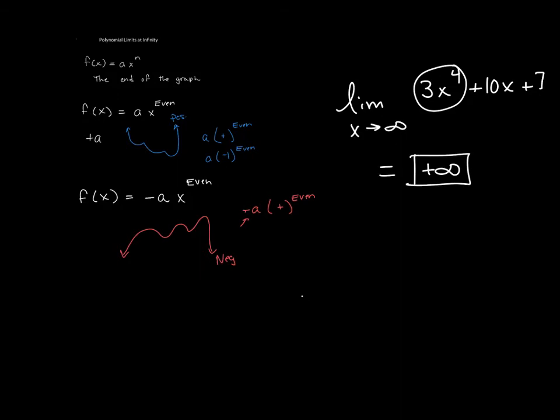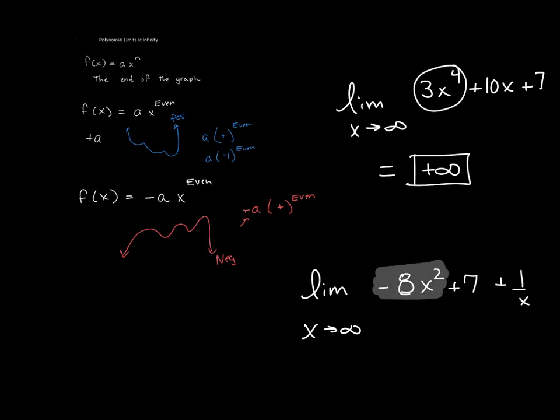If you have the limit as x approaches infinity of negative 8x squared plus 7 plus 1 over x, again, the most important portion of this is this negative 8x squared.